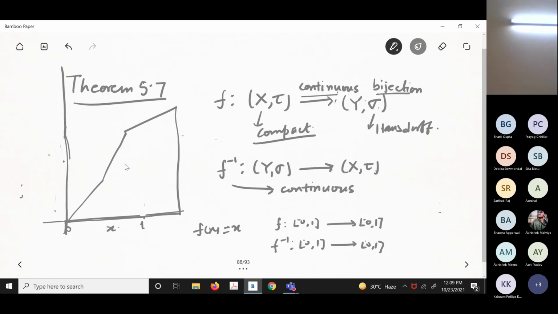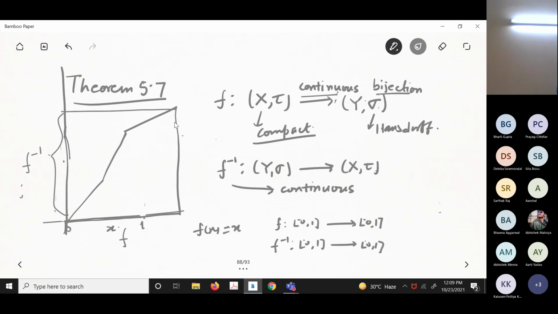This is a continuous function, strictly increasing, so it is 1 to 1. So your range is this actually. On that, if this is your f inverse, its domain is this, and you are getting this. Still it is continuous. So that is the special case.